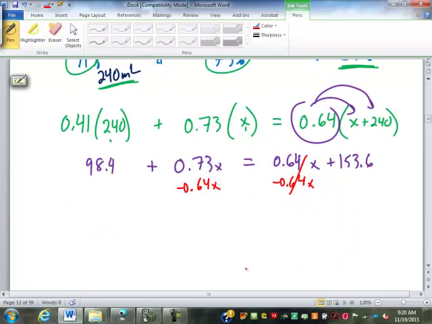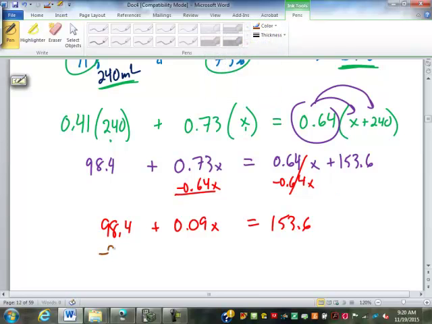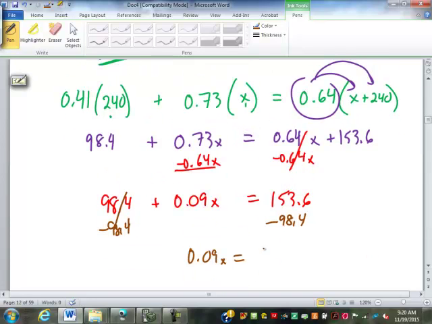So that is 0.09x. And we have to subtract the 98.4. So 0.09x equals, what is that, 55.2?